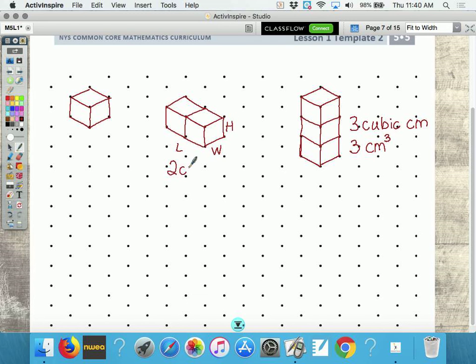So that's going to be 2 centimeters times. What number would I use for the W? 1 centimeter times. What number would I use for the H? 1 centimeter. And that equals 2 centimeters cubed. So write that down. I'm not writing it just for myself. And it looks to me like I should have centered it a little better.